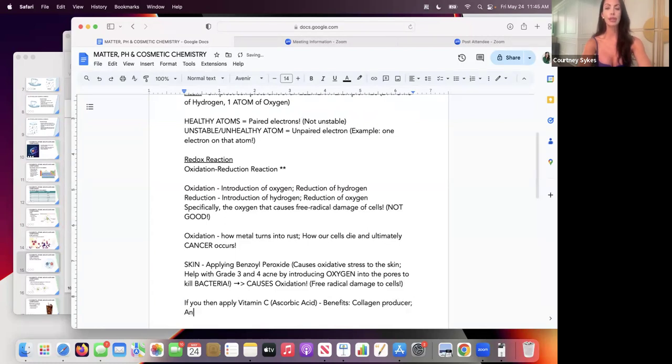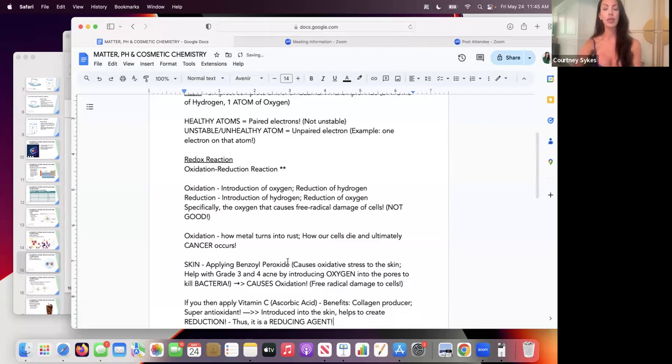It is also a super antioxidant. Antioxidant meaning anti-oxidation, right? So this is good. Meaning that vitamin C, when it's introduced into the skin, helps to create reduction. So it is thus a reducing agent.